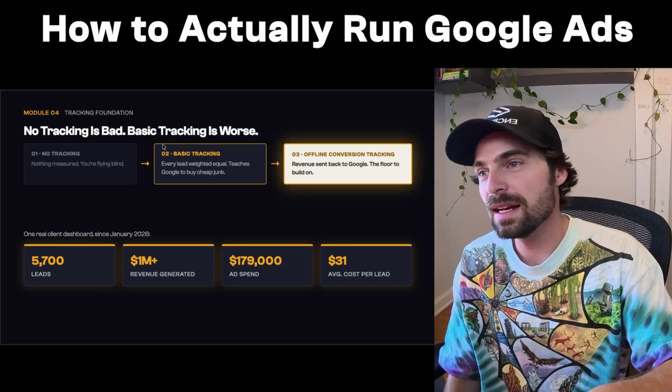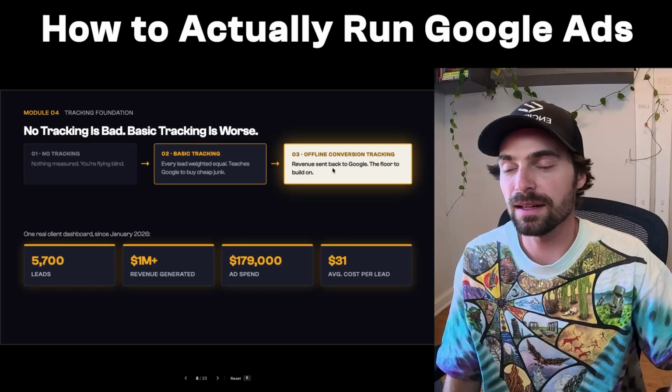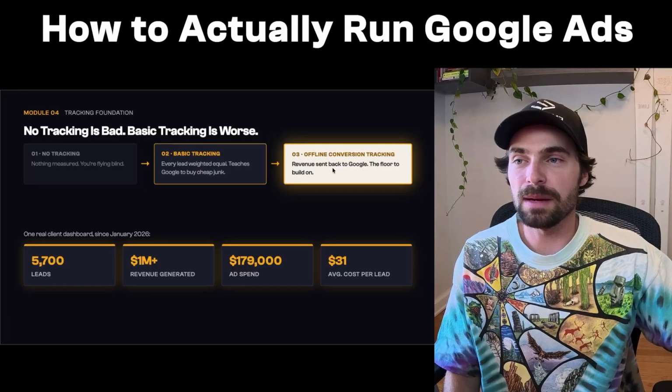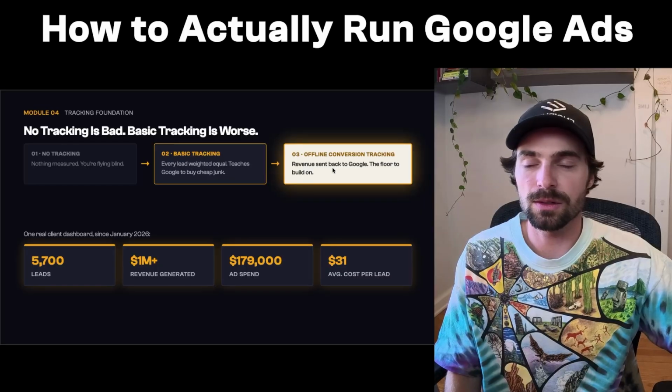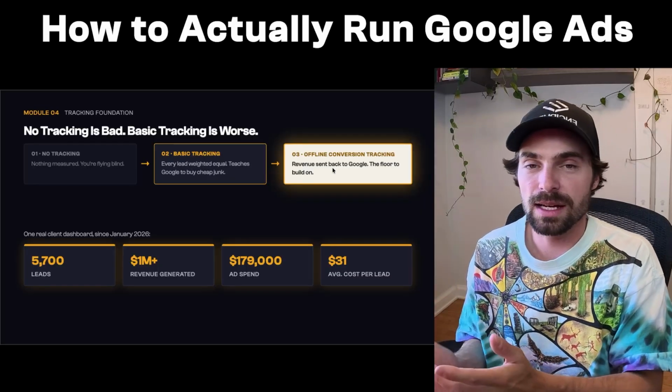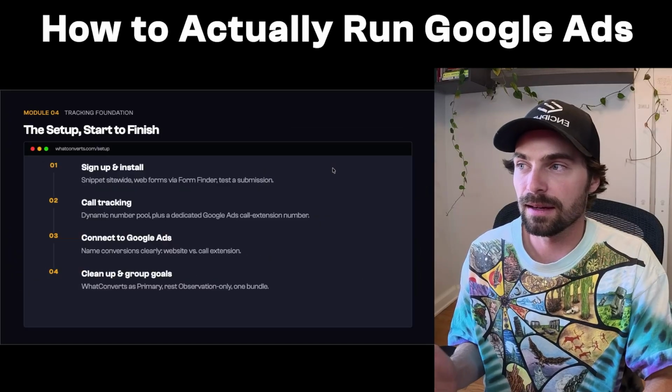By graduating to stage 3, offline conversion tracking, which I'm going to talk more in depth about in a minute, you are basically being a 1% advertiser on Google, where you're sending deep funnel events back to Google Ads to actually get more revenue and more paying customers.